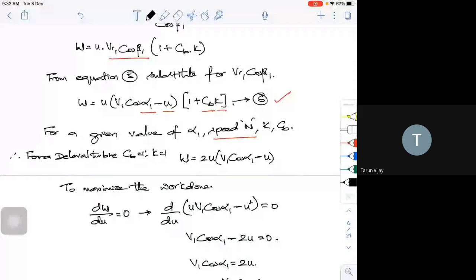This is the expression for work done for a single stage impulse turbine.